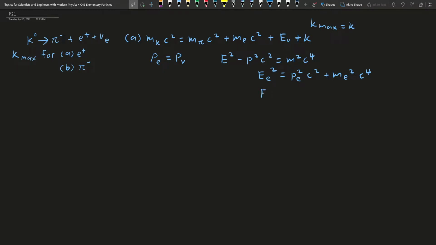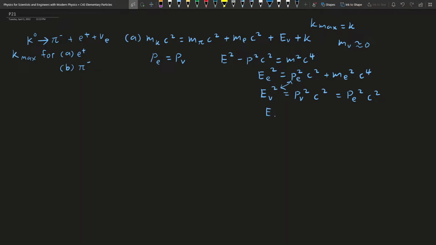Now we consider the case for this neutrino. E_ν² equals P_ν²c², plus a mass term which is just 0 because the mass of the neutrino is approximately 0. From this assumption this equals P_e²c², so this term here is equivalent.